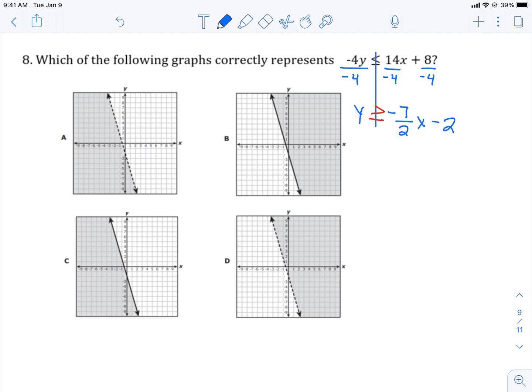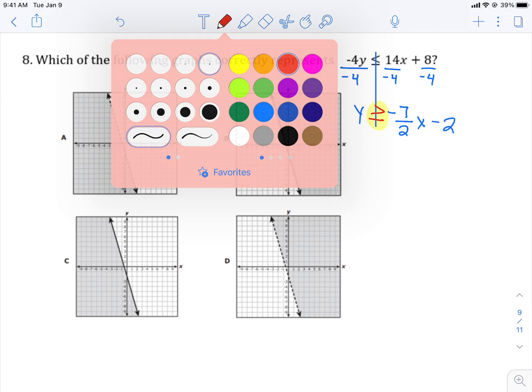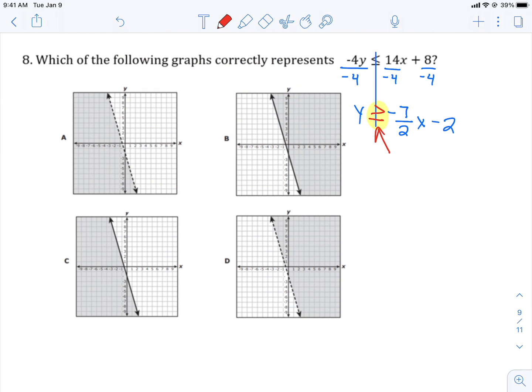Okay, so looking at the inequality sign, it tells me that I should have a solid line. So I can eliminate answer choices A and D because they're dotted lines. And if it opens up towards the y, it should be shaded above.